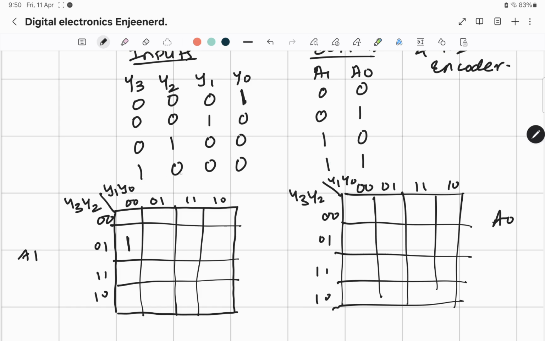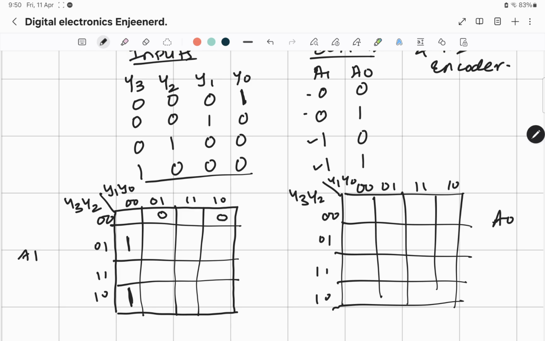Similarly, y3 1, y2 0 and y1, y0 0 0. So the last combination, y3 is 1, y2 is 0 and these are all 0 0. So I have marked this one and this one as 1. Let us mark this 0 and this 0 also. The 0 for y3, y2 being 0 0, which is the first row, and 0 1 is here. So this is 0. And in the second case, both are 0 0 and I have 1 0, which is here.